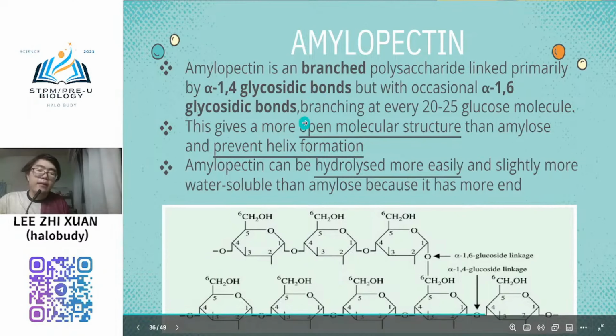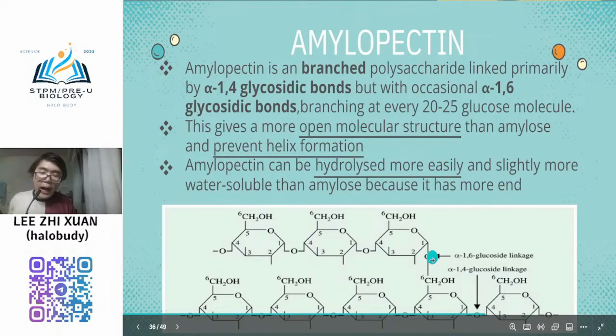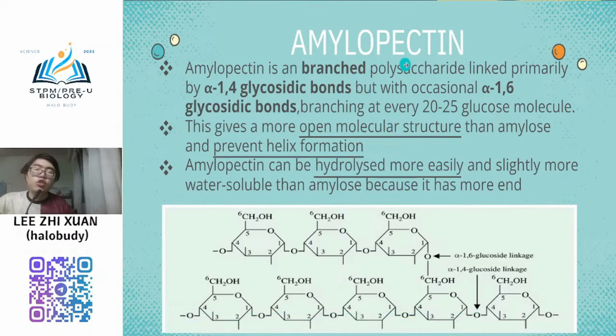Amylopectin is that whole substance. When there are branches here, we call it amylopectin. If we just look at a single line, we know it as amylose. Amylopectin is the whole structure containing branches. So it is a branched polysaccharide.